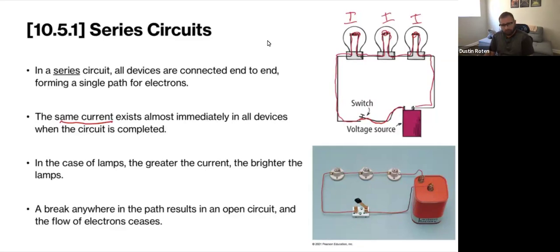Of course, if we increase the current, like in the case of the lamps here, that means the lamps will get brighter. A break anywhere in this path, like where the switch is, will result in an open circuit, and that's going to stop the flow of electrons.